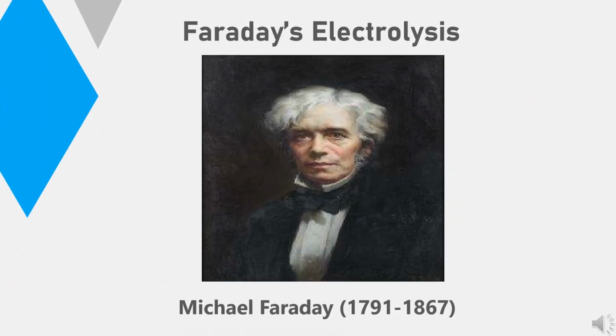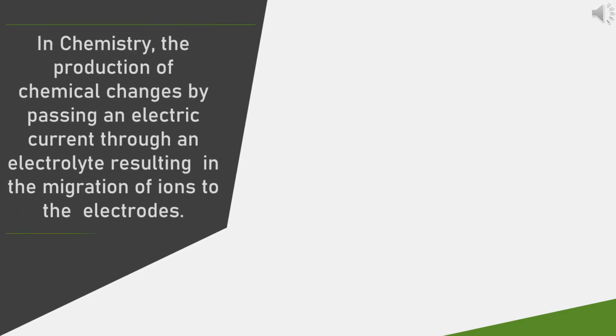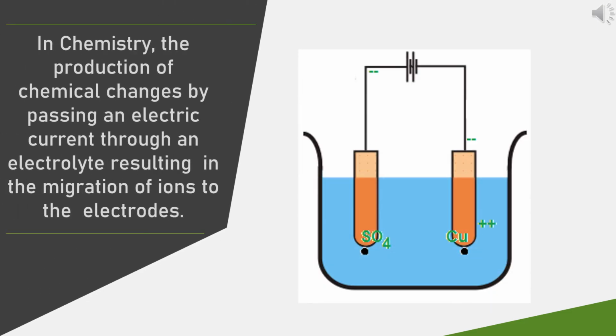Now let's look at Faraday's electrolysis. In chemistry, the production of chemical changes by passing an electric current through an electrolyte, resulting in migration of ions to electrodes, is known as electrolysis.